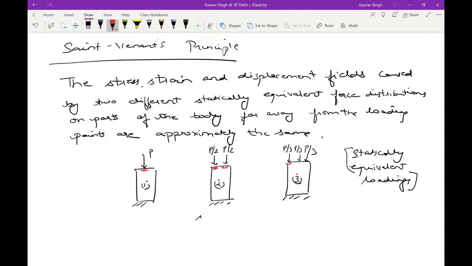There'll be some concentration over here, but as you move away from this, the boundary effects die away, and hence the approximate answer of the stress or the strain at this point will be approximately the same. So this is also a very powerful idea, Saint Venant's principle, and it's used in problem solving.